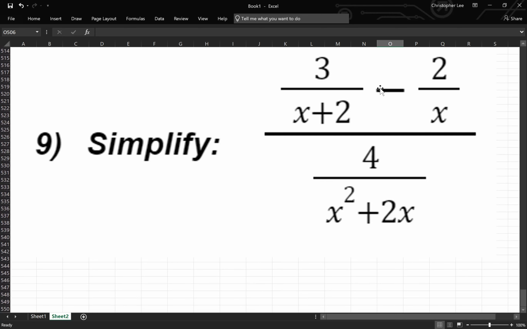All right, so what do you do here? Find the LCD, combine it. But I need to make it a fraction divided by a fraction, then I can do keep, change, flip. So I just did one of those factor problems, right?